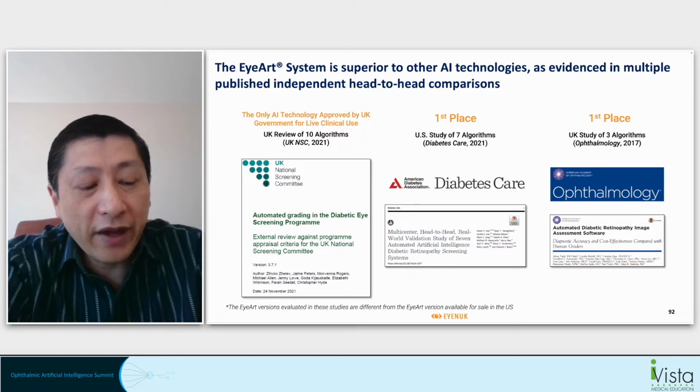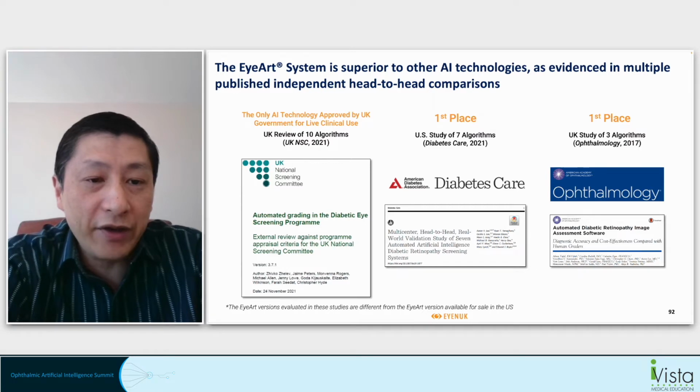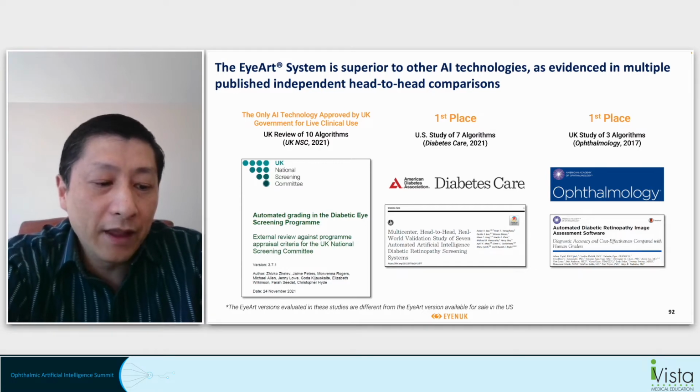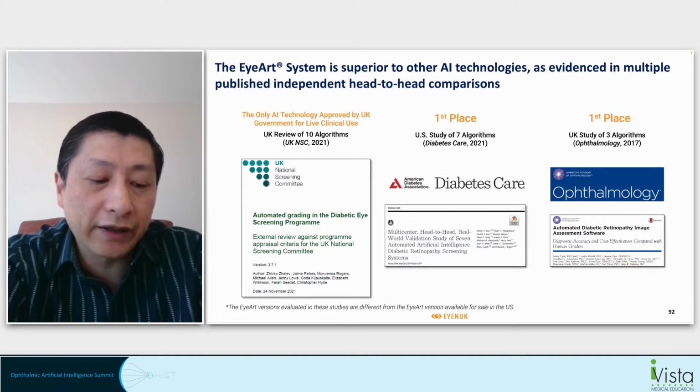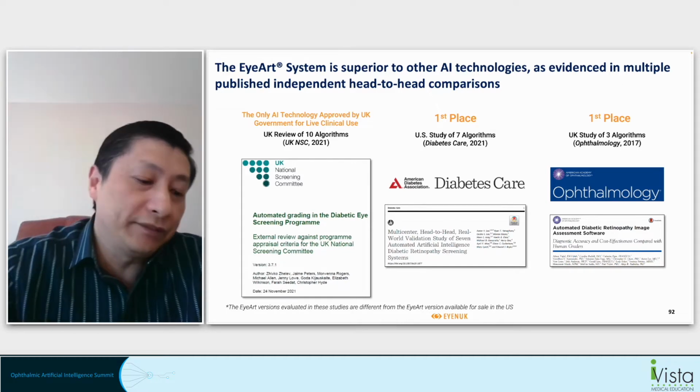IR was also the best performing algorithm in the US VA study published by Diabetes Care in 2021. And in recent months, the UK's National Screening Committee published the results of their 10-algorithm review. Their conclusion was that IR is the only AI technology ready for live clinical use in the UK's screening program.